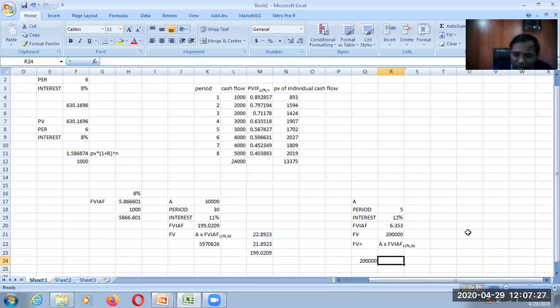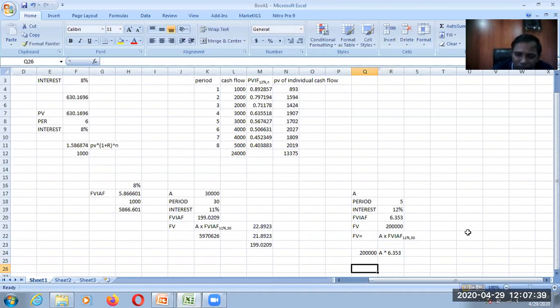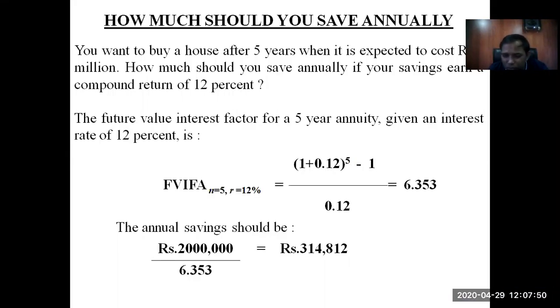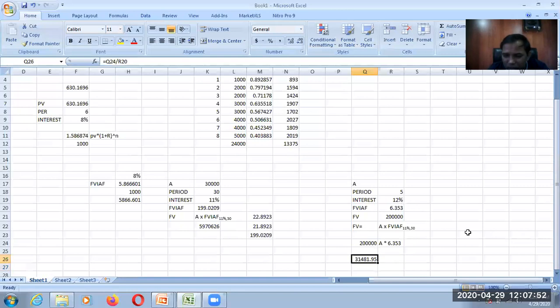We have annuity, that is A, multiplied by the annuity factor, that is 6.353. When I want to know what my annuity amount is, I will be dividing this by 6.353. So that comes to 31481.92. This is what I am supposed to invest on a day-to-day basis.